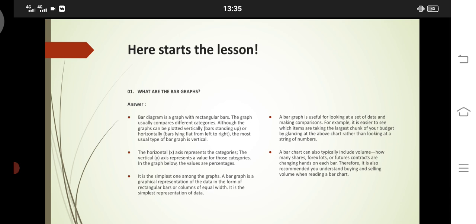A bar chart can also typically include volume, how many shares, forex lots, or futures contracts are changing hands on each bar. Therefore, it is also recommended you understand buying and selling volume when reading a bar chart.